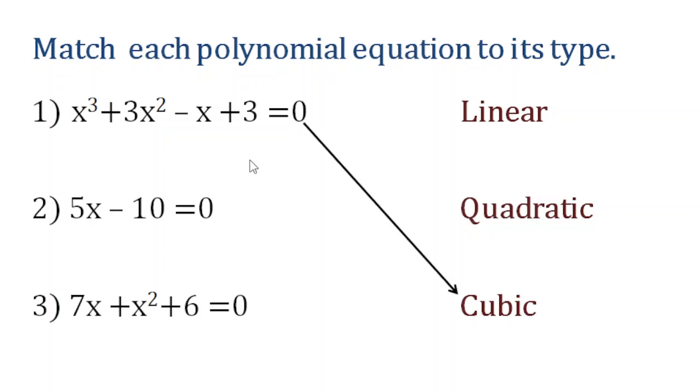Yes, it's cubic. If the highest exponent is 3, that's cubic. How about item number 2, 5x minus 10 equals 0? Yes, it's linear. Linear means the highest exponent is just 1. And of course, obviously item number 3 is quadratic. Quadratic means the highest exponent is 2.